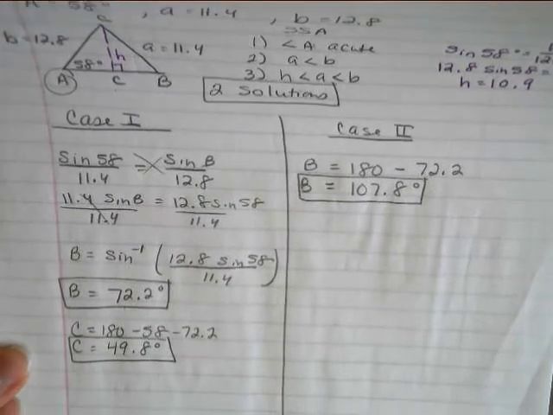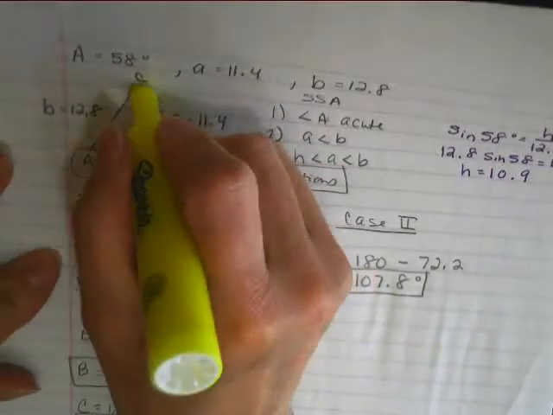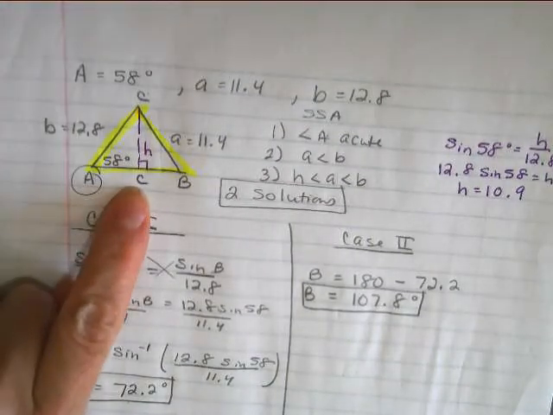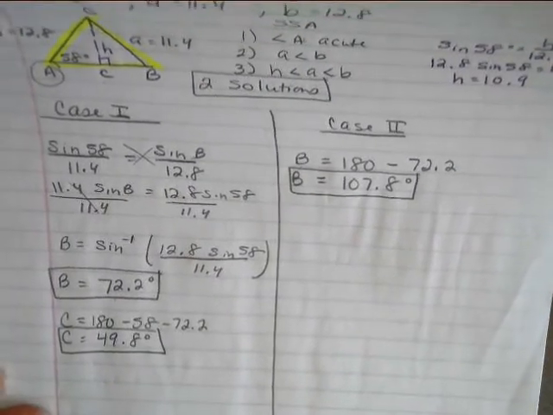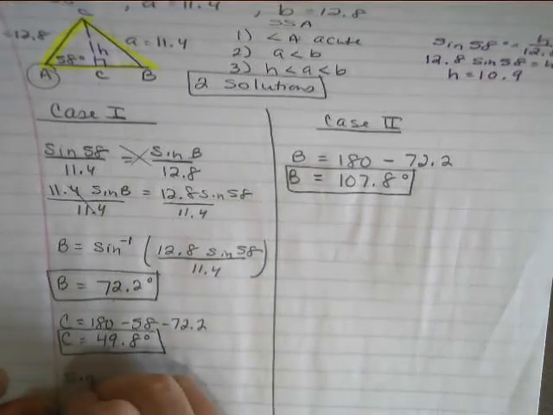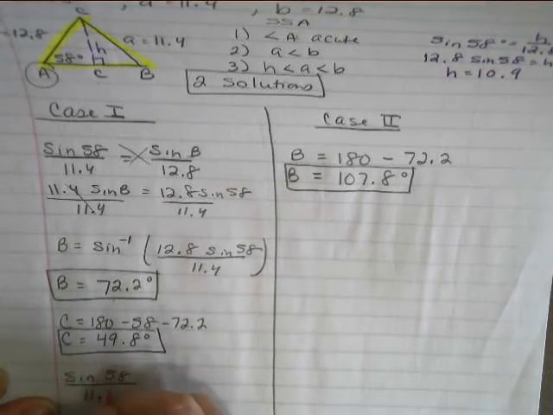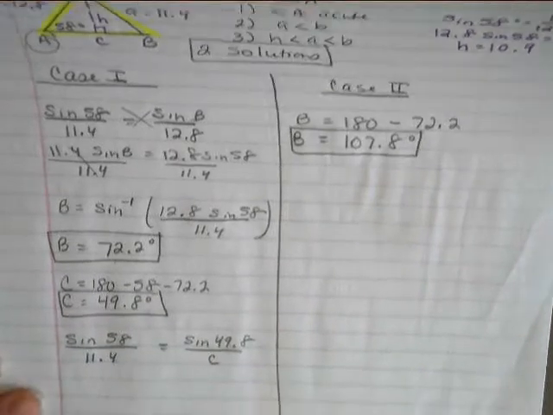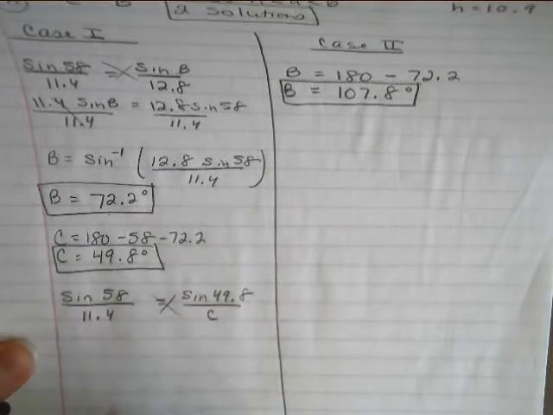If angle C is 49.8 degrees, we can go back to our big triangle now and use the law of sines to figure out what side C is. So I'm going to set it up. I'm going to use angle A. You don't have to, you could use angle B, but I'm going to use the sine of 58 degrees over 11.4 is going to equal the sine of 49.8 degrees over side C. Now we cross multiply.